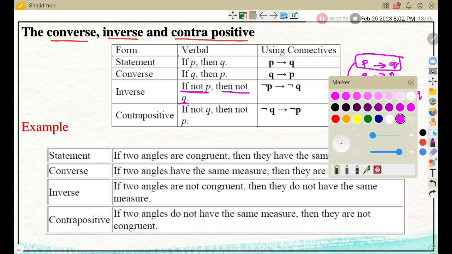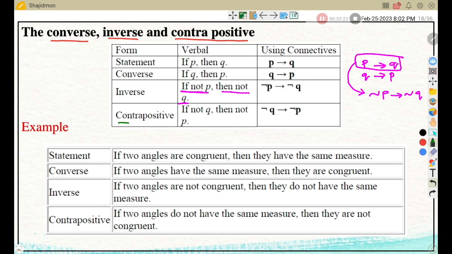Now the contrapositive: it is the negation of the converse statement. How to write it? Negation of Q implies negation of P. That is the contrapositive. So if not Q then not P.